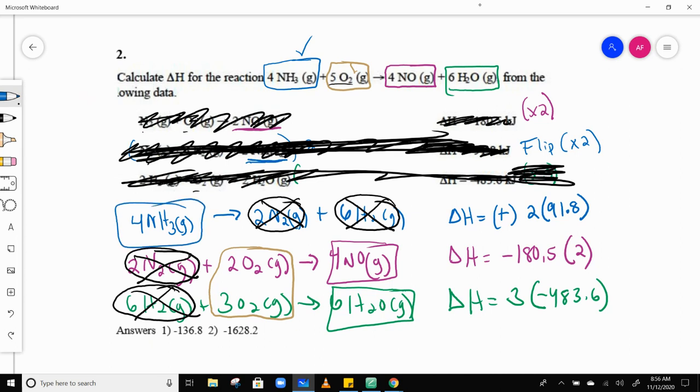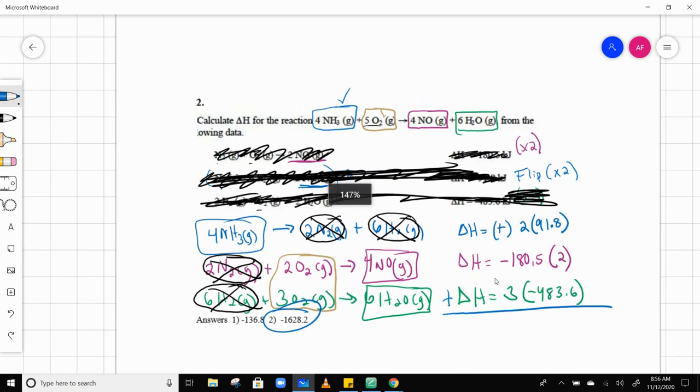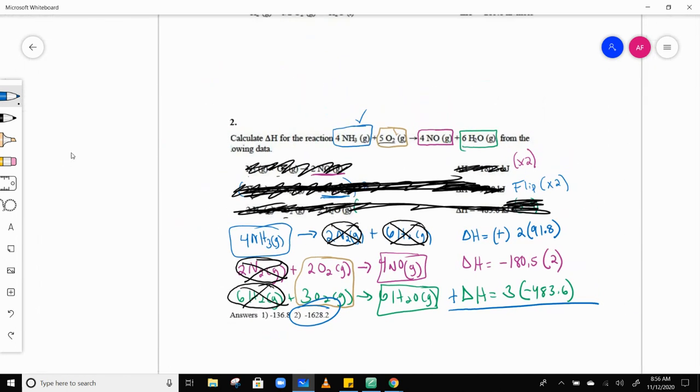Okay, and then the overall delta H, you just add these all together, and then you should get that number right there. Okay, so basically, you're just manipulating the equations. If you flip them, you change the sign, from positive to negative or negative to positive, right?